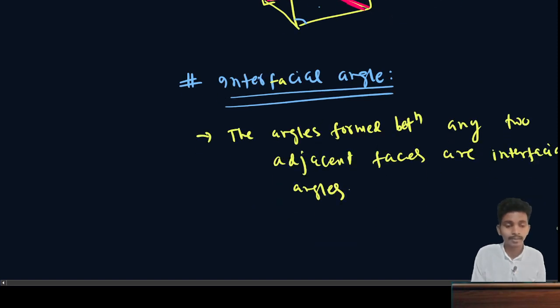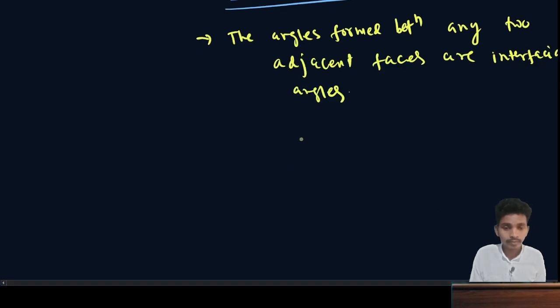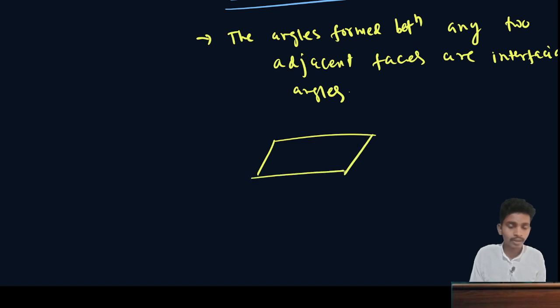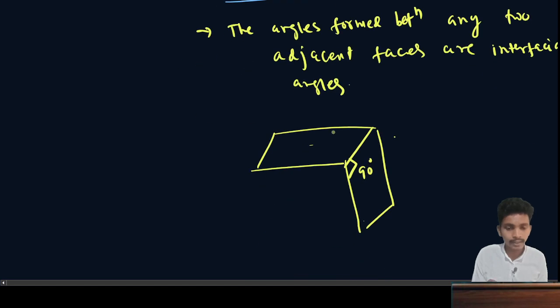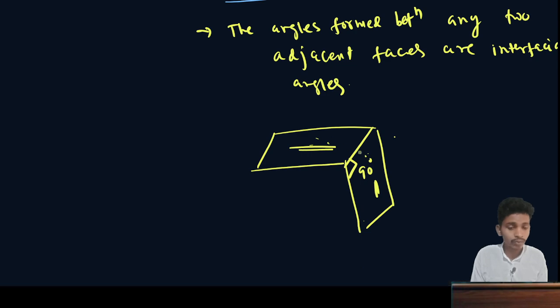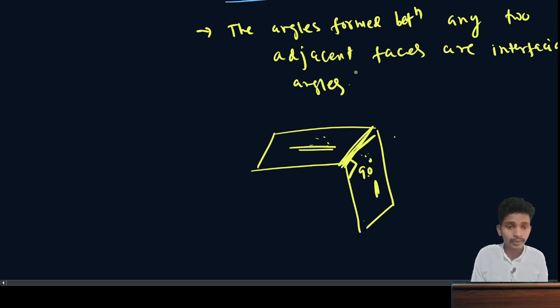Let's say this is the above face and this is the adjacent face. The angle between them is 90 degrees. These two faces are nearer and joined with each other along a common edge, so they are adjacent faces. Any angle formed between adjacent faces is called an interfacial angle.